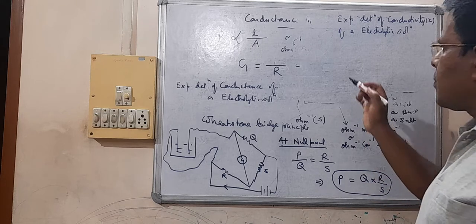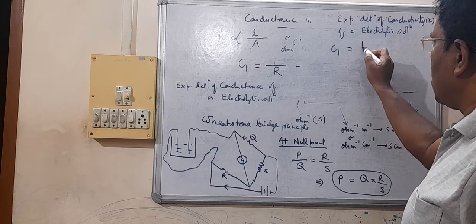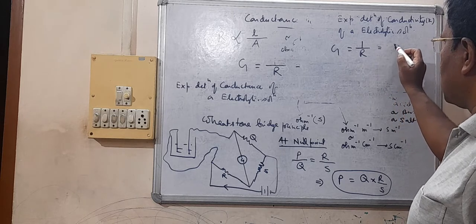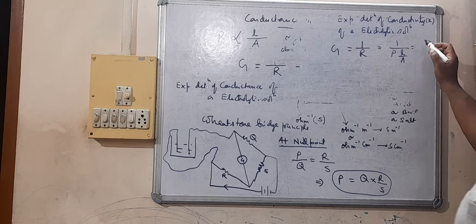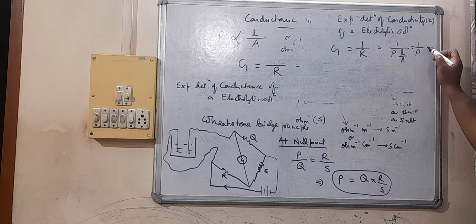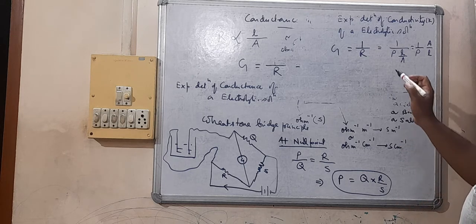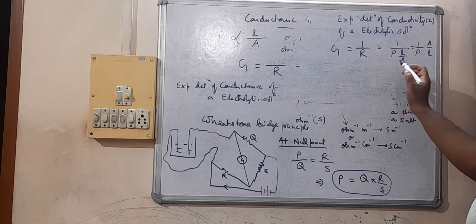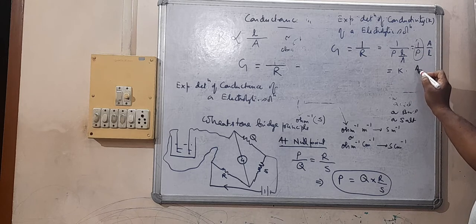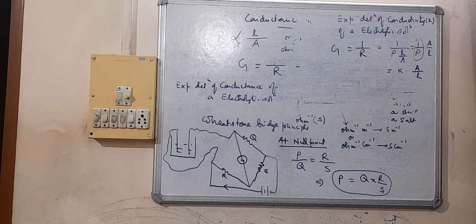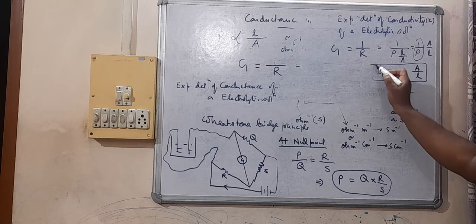Since we know conductance is equal to 1 by resistance, and resistance is rho L by A, so that is 1 by rho A by L. And this 1 by rho is conductivity. So we know G is equal to conductivity into A by L.